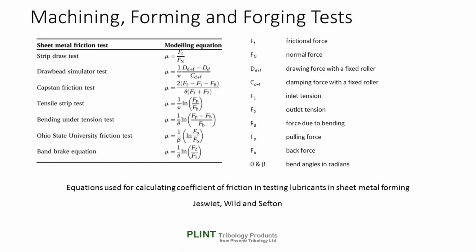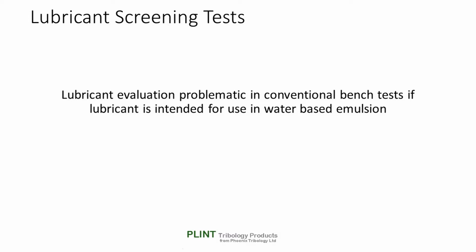To conclude, it follows that a wide variety of different tests and measurement techniques may be required to investigate the multitude of different processes within a different application. Lubricant evaluation presents a particular problem in conventional bench tests, especially if the lubricant is intended for use in a water-based emulsion.